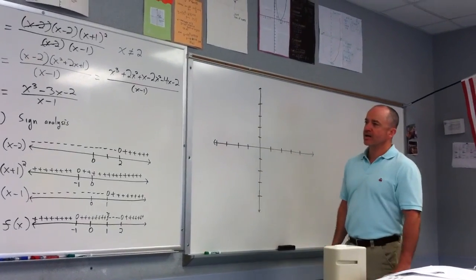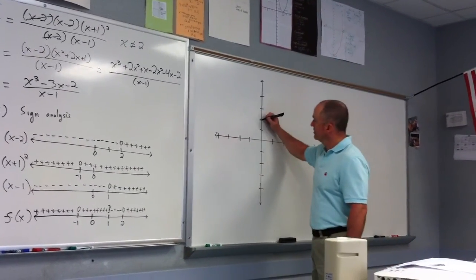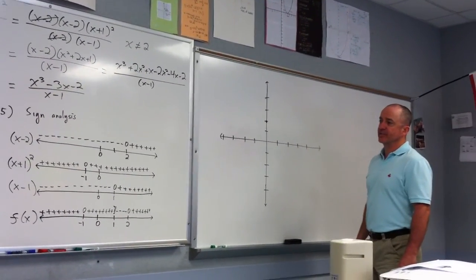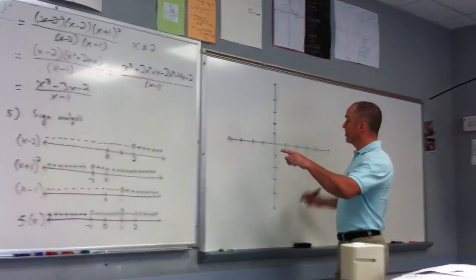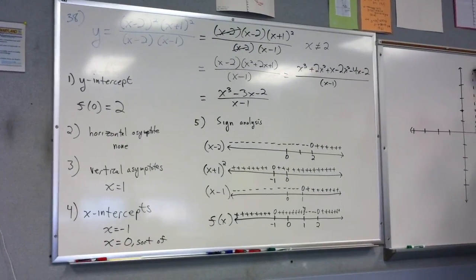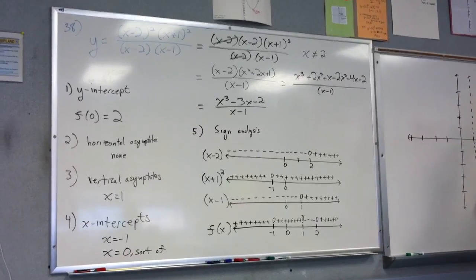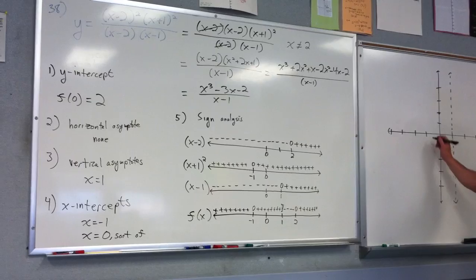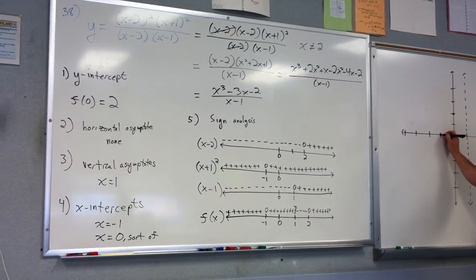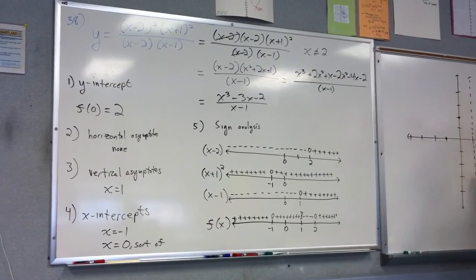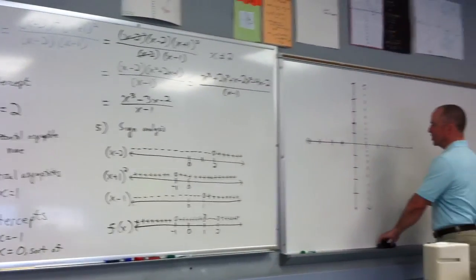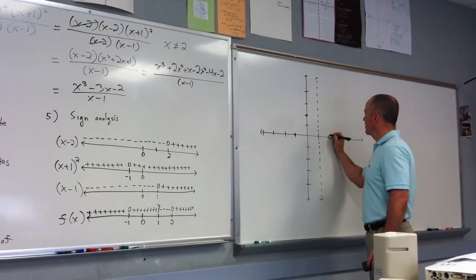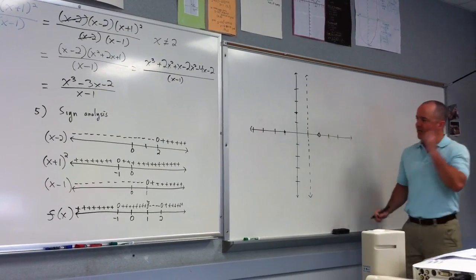Okay, y-intercept is (0, 2). Horizontal asymptote, none. Too bad, those are helpful. Vertical asymptote, x equals 1. Zeros are at -1. And then there's a 0 here at 2, except are we allowed to fill in the dot? No, that's our point, that's our jump discontinuity. We have to leave that empty.